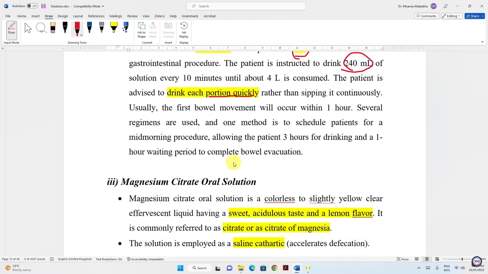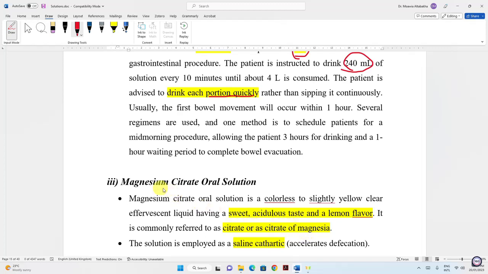We have another solution which is usually given when there is constipation, and that is magnesium citrate oral solution. There are other names for this, such as citrate of magnesia or simply citrate. Citrate is commonly understood to mean magnesium citrate or citrate of magnesia.